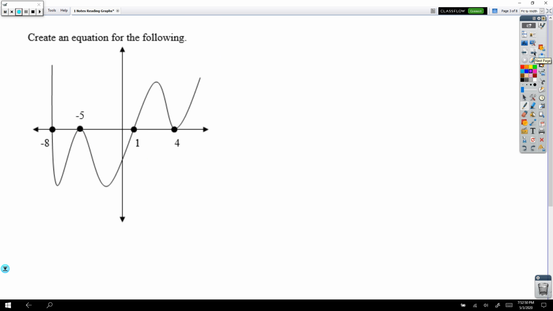So it gives me a graph, and now it asks me to create an equation. So, now, these should have arrows on it. So go ahead and draw those on if you're using the notes there. First thing I want to identify are my x-intercepts.